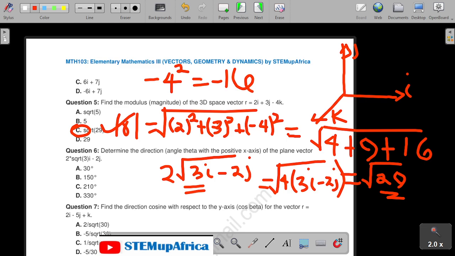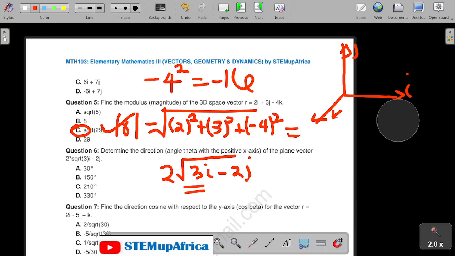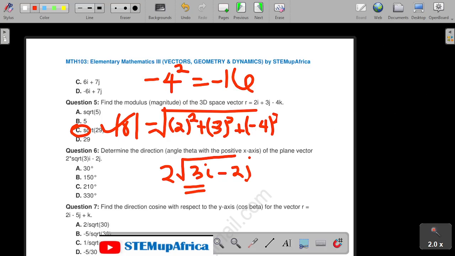Okay. So same, this question is having an issue. Let me erase it. It's like a typing error there. You can see something like division.